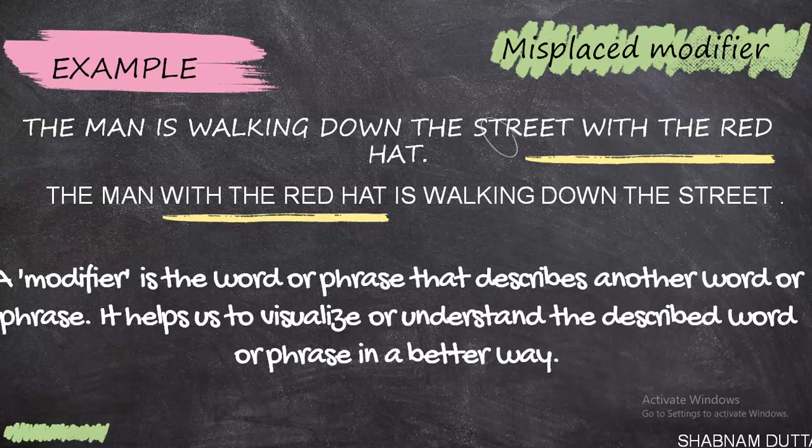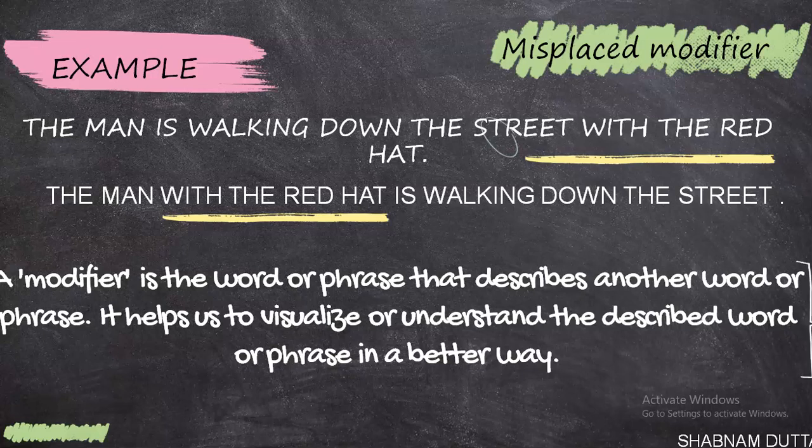Is that possible? No. So the modifier with the red hat would be modifying the man, right? Therefore, the correct sentence should be: the man with the red hat is walking down the street. I hope you got to understand the right arrangement of the sentence.